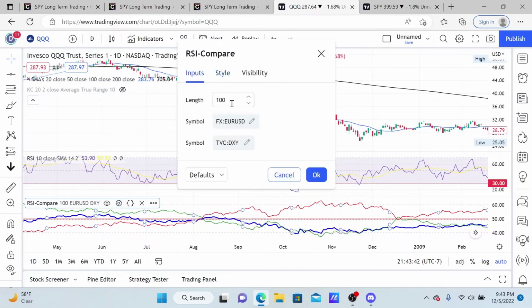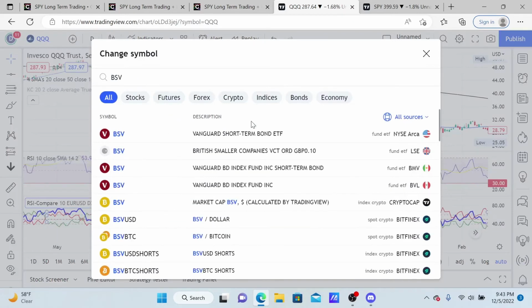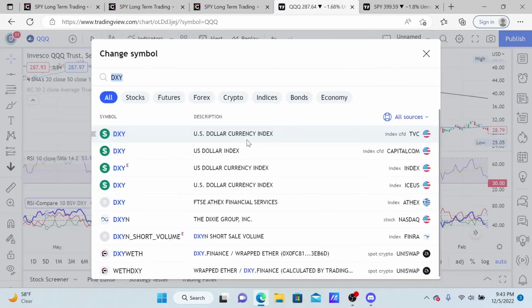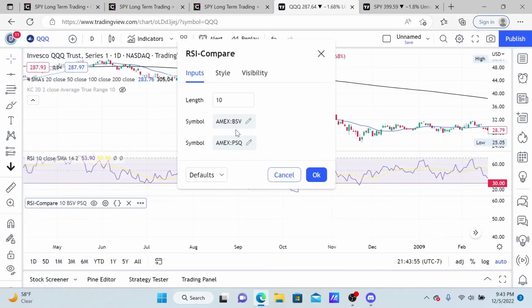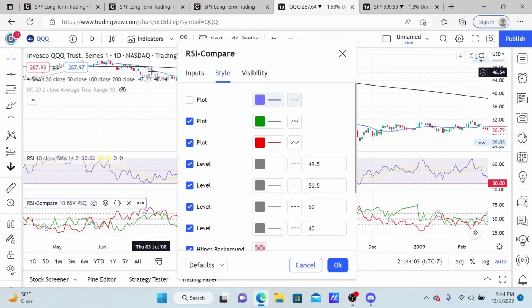So if I go to inputs, just enter 10-day period, change this to BSV, which is that Vanguard short-term bond, and then this is going to be PSQ. Select that, and then I'm going to remove that because that line shows whatever asset is selected on your chart. So I'm just removing that so I can compare strictly BSV to PSQ, which is the green and the red line.